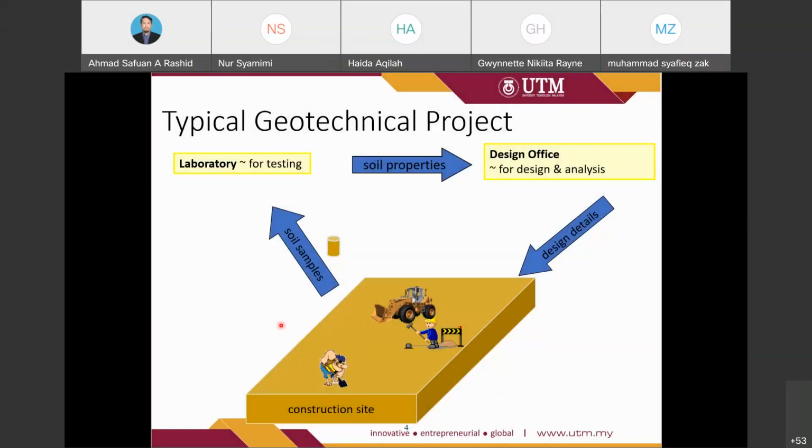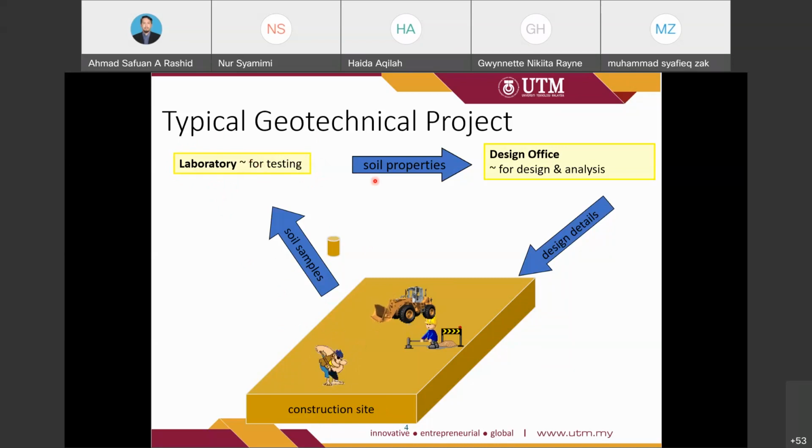Okay, so as a geotechnical engineer, we may deal with laboratory testing to get all the information on the site that we deal with, the construction site, for example. So then we get the information of the soil and send it to the lab to gain the soil properties.